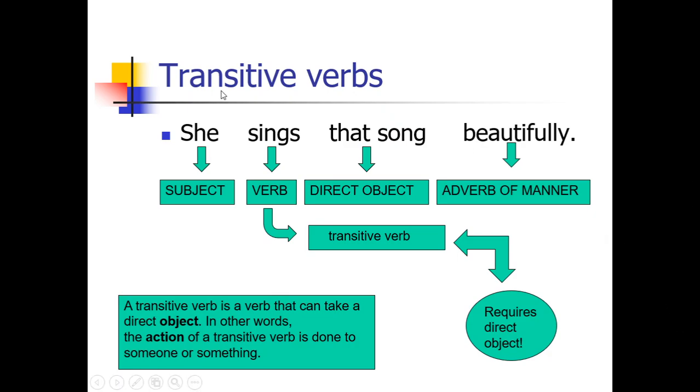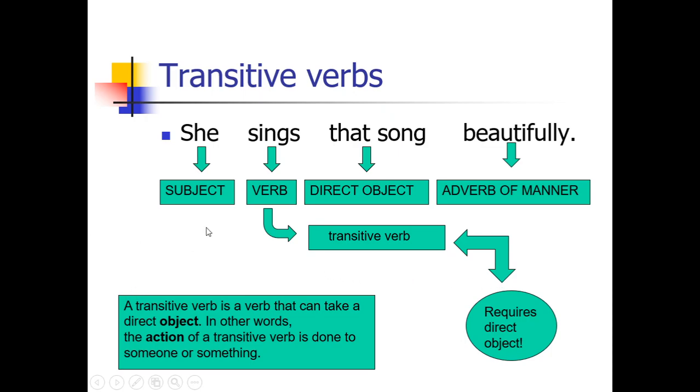Let's see which functions these words have in this sentence. She has the function of the subject. Sings is the verb. This verb, sing, is the transitive verb. Why? Because it requires a direct object. And the direct object in this sentence is that song. And we've got here beautifully, which is the adverb of manner.